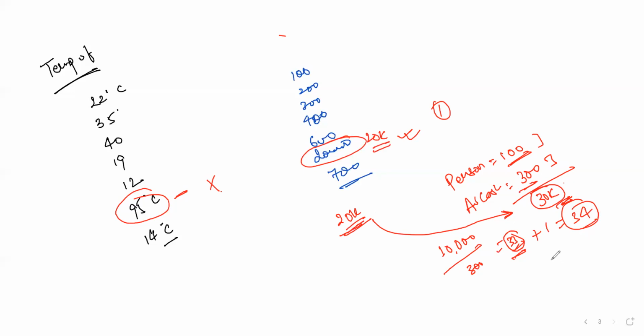What about the remaining people? So 100 minus 34, that will be how much? 66, right? So 66 people coming to that ATM to withdraw the amount will be getting the cash not found error. So see, just because of your single transaction, 66 people are having a bad impression about the ATM, and none of the banks would like to have that. And that's why this kind of analysis is very important. So you can understand the further behavior around such high withdrawals, whether this is happening once in a moon.